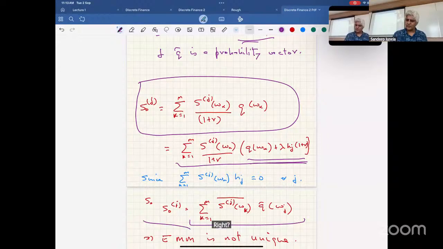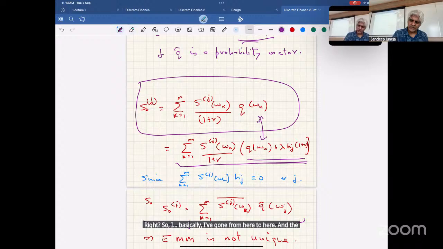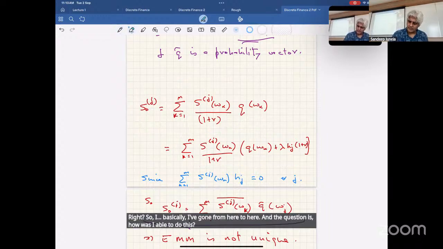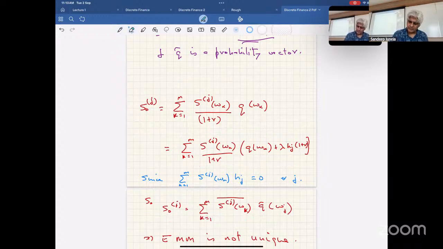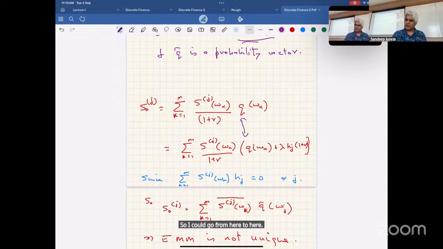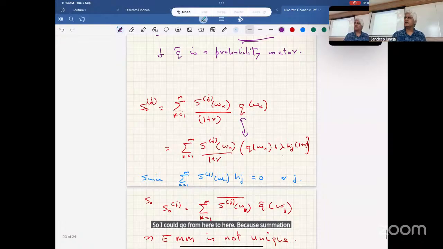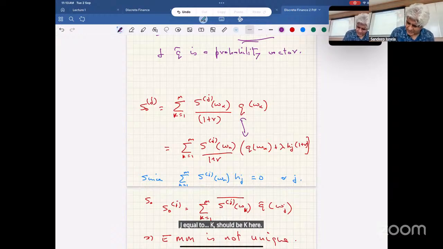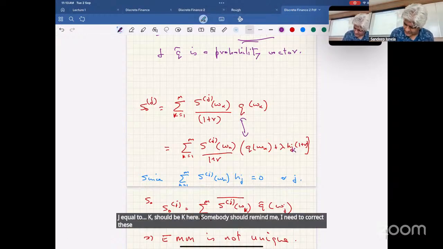So I've gone from here to here. And the question is, how was I able to do this? I could go from here to here because the summation of Hj Sj is equal to 0. This should be k here. Somebody should remind me that I need to correct these things.